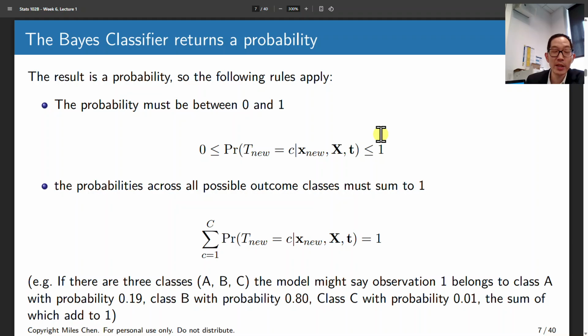And the probabilities all have to add up to 1. If you think about all of the different possible classes that you have, the sum of those probabilities must add up to 1. So again, if we have 3 classes, class A, B, and C, you're going to get 3 probabilities, and they have to add up to 1. An example is A is 19%, B is 80%, and C is 1%, so that they add up to 1.